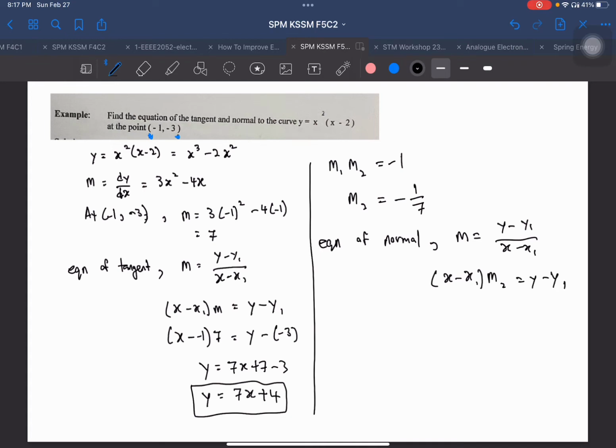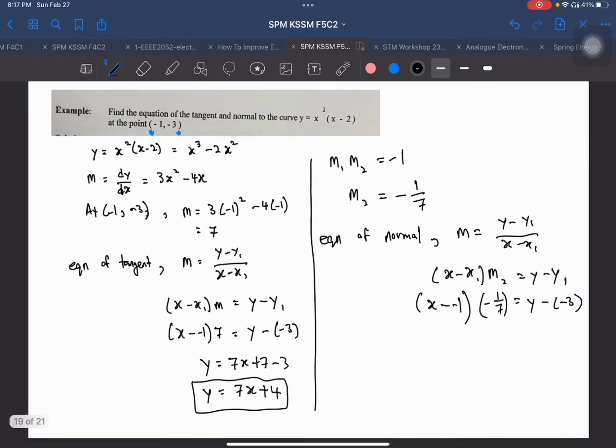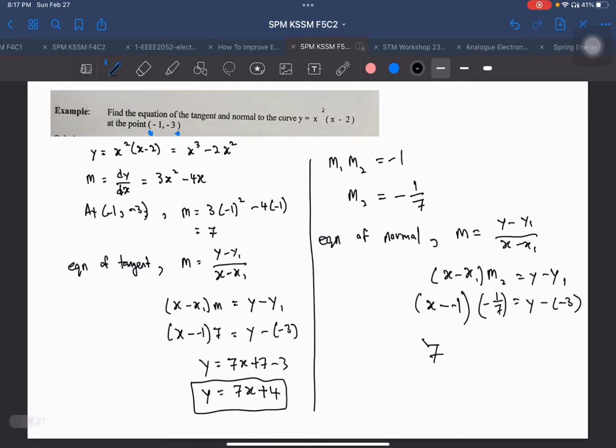Since it's the same point, we do what we did before, but note that the gradient is negative 1 over 7. So this is 7y equals negative x minus 21. So we are done. Let's move on to the next question.